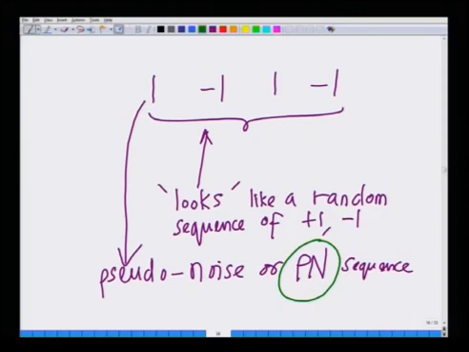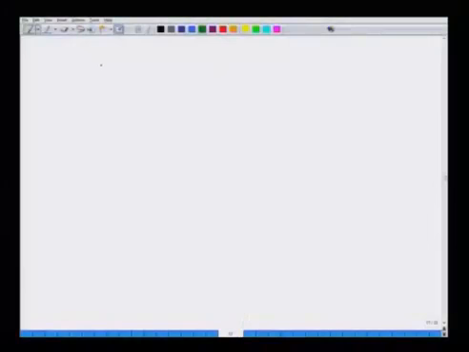One technique to generate PN sequences of longer length, remember we need codes with longer length to support a large number of users, is through what is known as a linear feedback shift register. So, let me write that down.